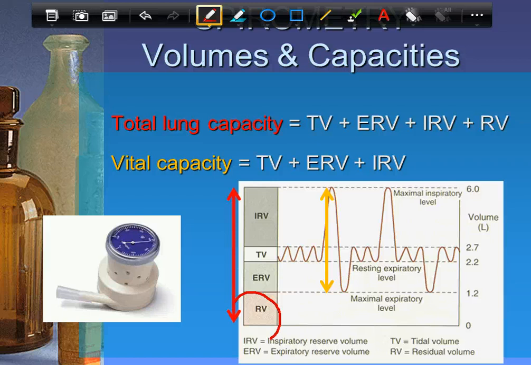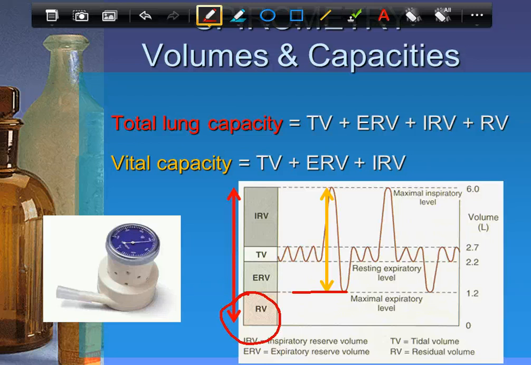Now, look at this residual volume right here. If you blow everything out you possibly can down to there, you can't get any more out. There's still going to be some air left in your lungs. There's some air left in the alveoli, there's air left in spaces. That's called residual volume. There's no way to measure it.